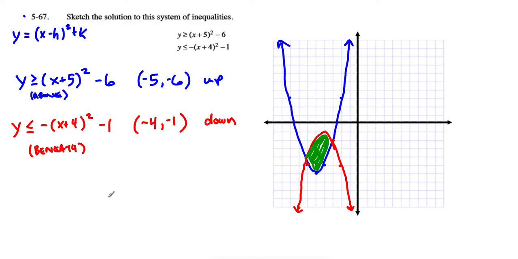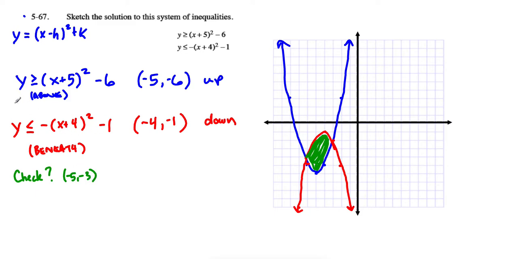Now how can we check it? Let's choose a point. 1, 2, 3, 4, 5. 1, 2, 3. So how about let's check -5, -3. It should work in each of our inequalities here.